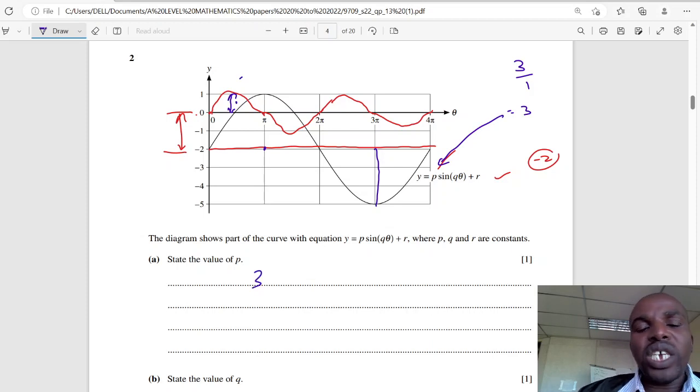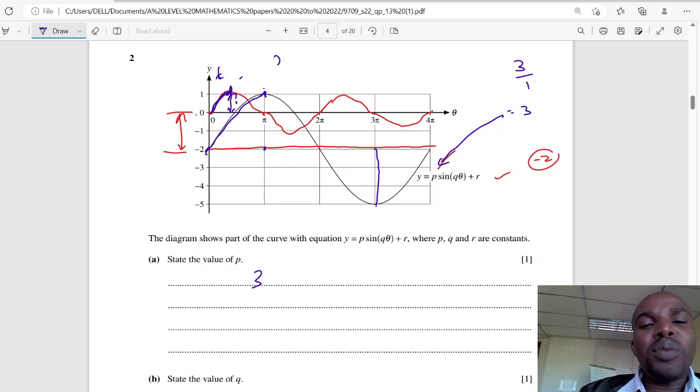Then we're left with q. Q is in the x direction. Check the x direction. Initially, our half a line covers from this point to this point, and from this point to this point. That's how we check on the x. So initially it covers only half a box, and now it's 2 boxes.